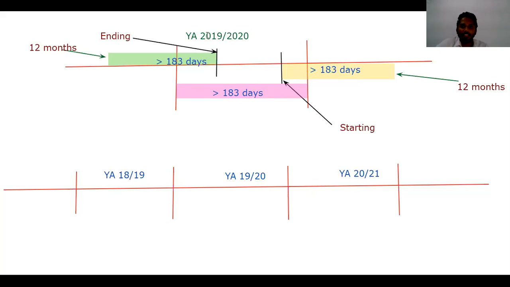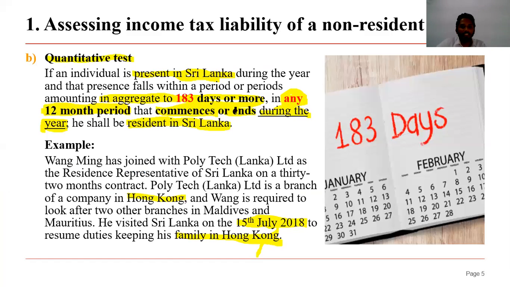Your year is the year of assessment 1920. Then during the year, I will put it again: commencing on any 12-month period, commencing on during the year.